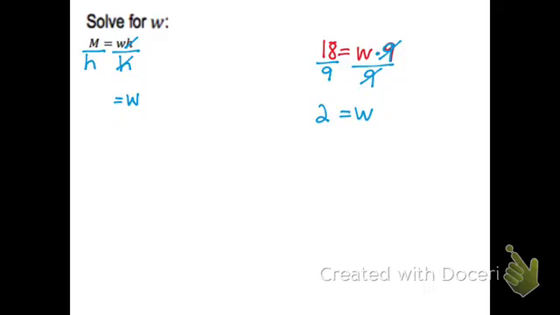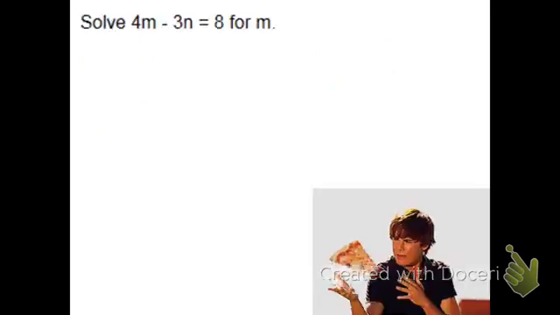But this is the deal with literal equations: the answers are often very messy. Often you cannot combine like terms because there are so many variables in the equation. M and h are not like terms. We can't combine them. We don't know what m divided by h is, so we just leave it as m divided by h.